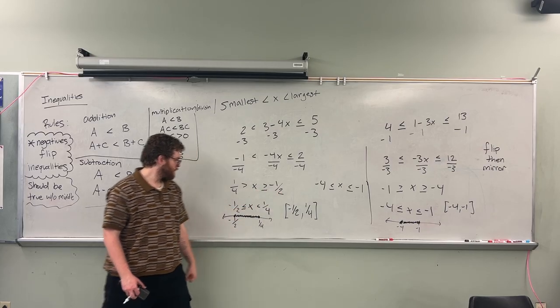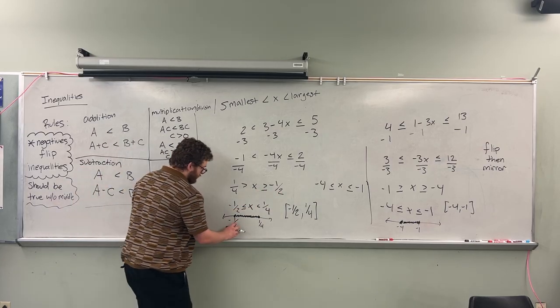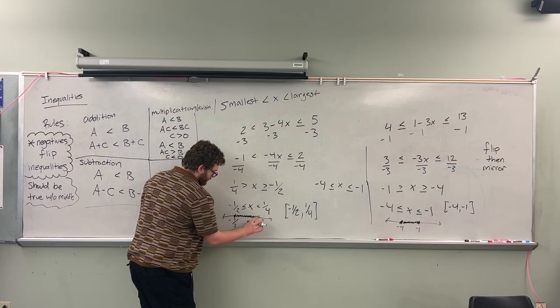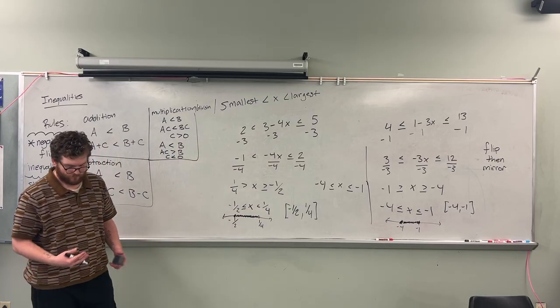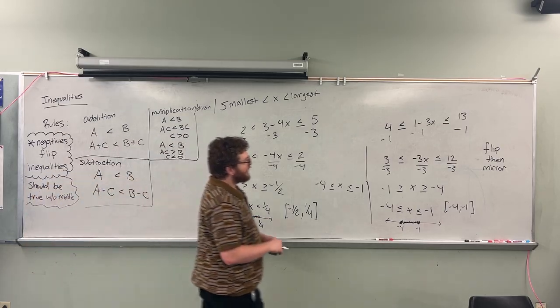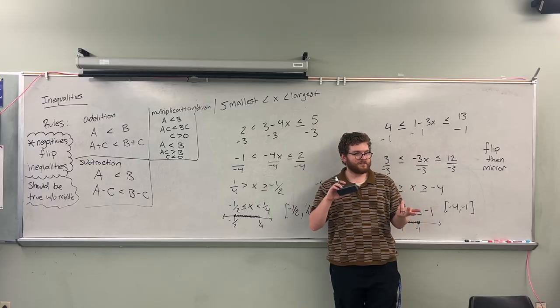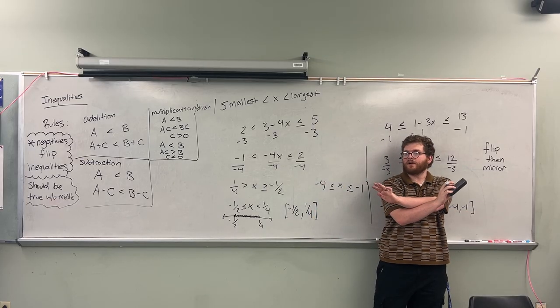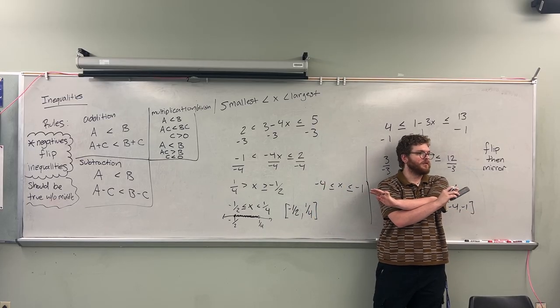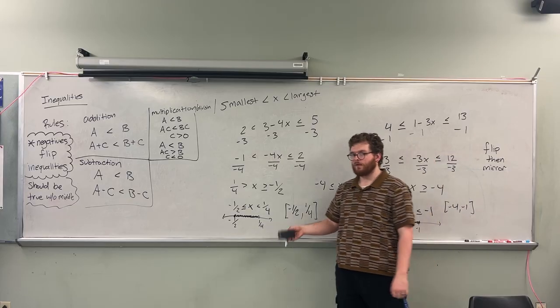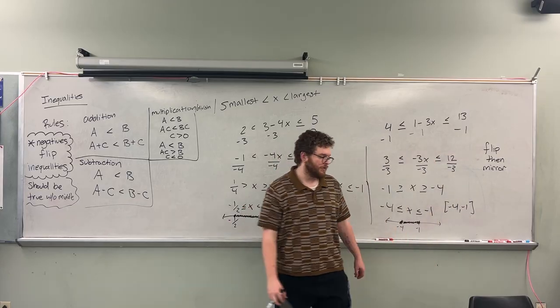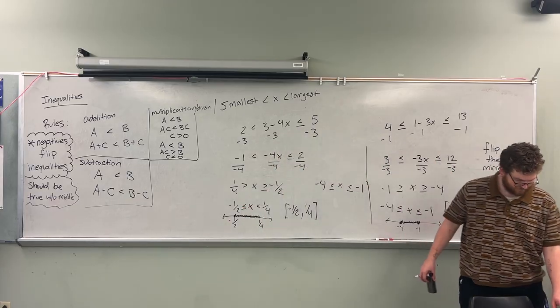So then this would be an open circle here. So that's why I say it as flip, then mirror. Flip your signs and then mirror the entire thing around so that it then goes from smallest to largest. Because multiplying by negative will switch what's smallest and largest.